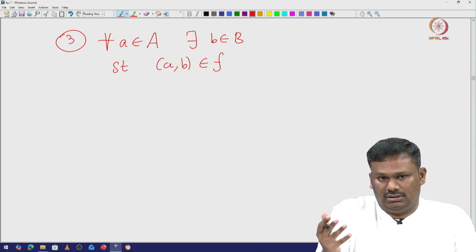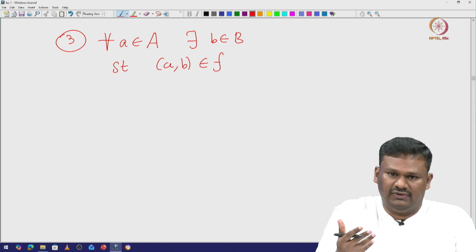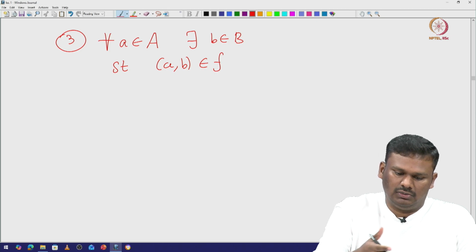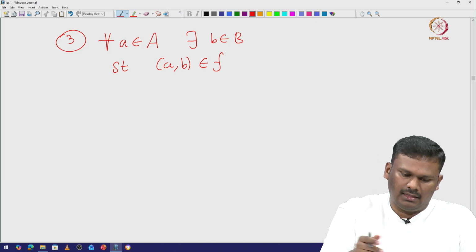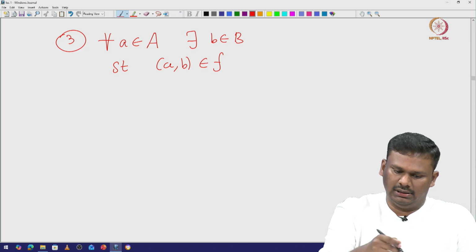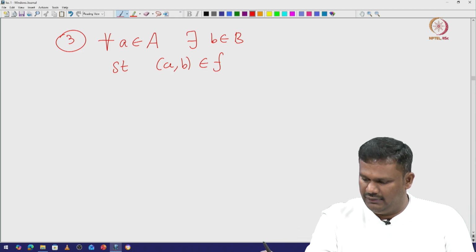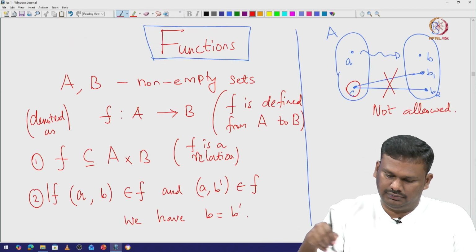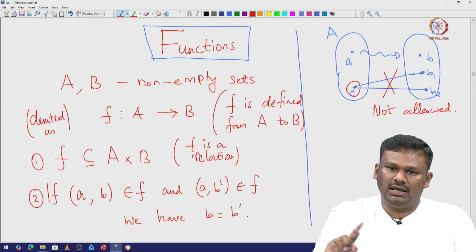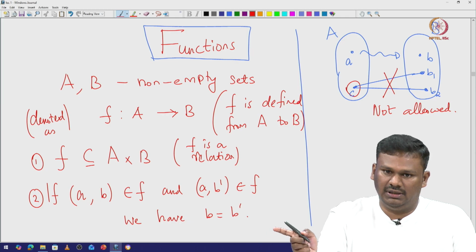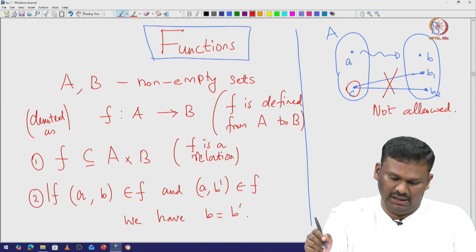You just restrict your domain to wherever the function is defined. There is no problem in this condition 3, but if you want to call f a function from A to B, then for each element of A there should be some association in B. That is what we are demanding.